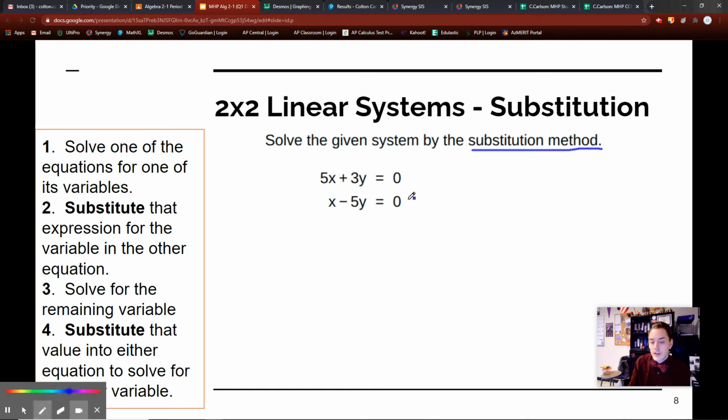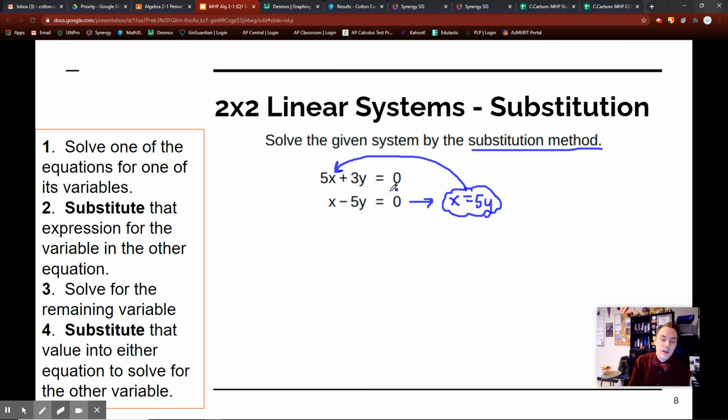So how do I solve this? Well, first off, let's isolate this x. So x equals 5y. Now that that's isolated, I'm going to take this expression and plug it into that x, not to itself, or else it's going to be circular reasoning. You can't just plug it into yourself. You have to plug it into something else, meaning the other equation.